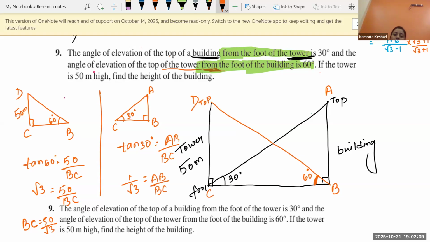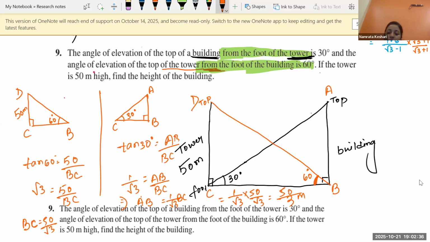That means AB is 1 by root 3 into BC. That means 1 by root 3 into 50 by root 3, and we are getting 50 by 3, and this is our final answer. This is the height of the building. Is it clear? Yes, ma'am.